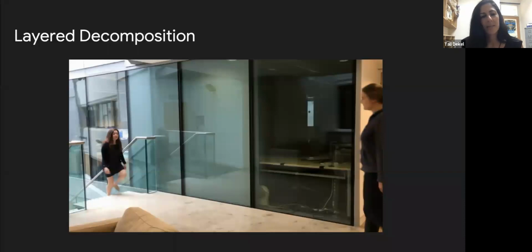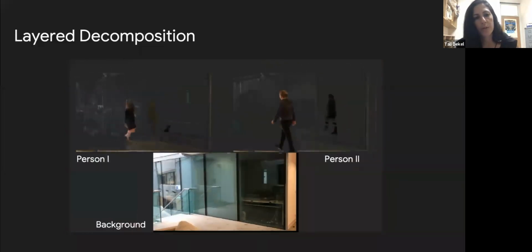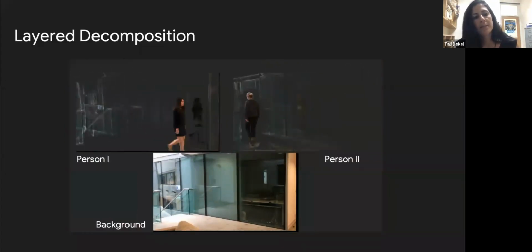Okay, so the way we tackle these two big challenges is by decomposing the video into layers. These layers are human specific. What I mean by that is that each layer is associated with a person in the video, but it not only contains the person, but also all the scene elements that are related to them.